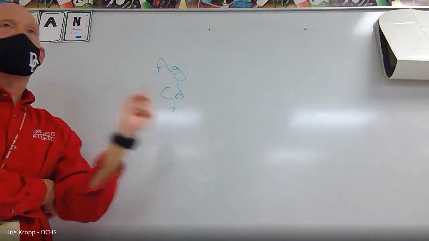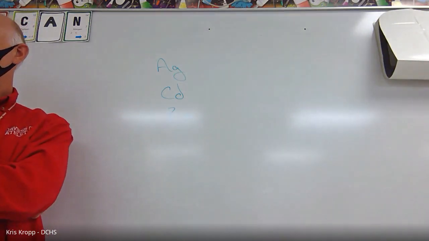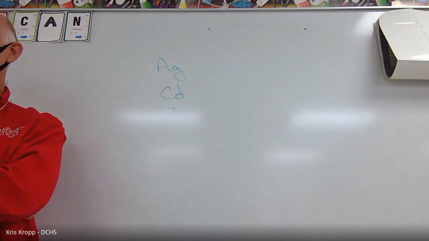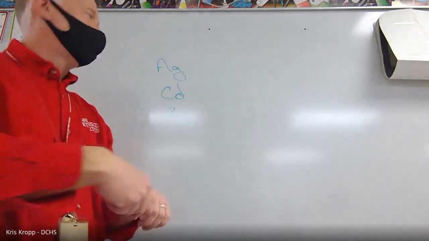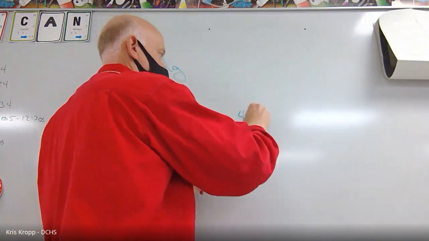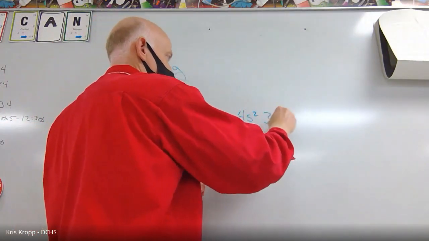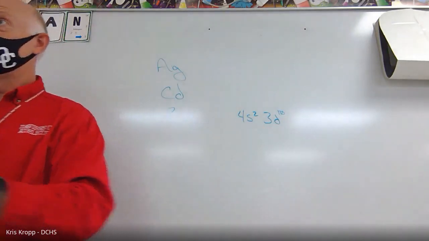Find zinc on your periodic table. Its electron configuration ends in 4s2 3d10. You all agree with that? Okay.